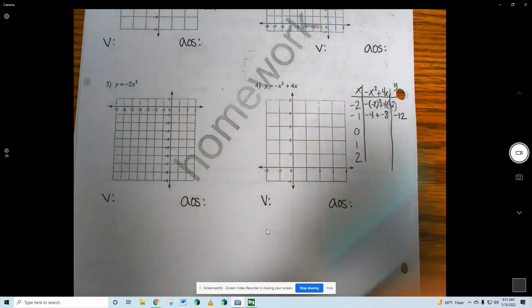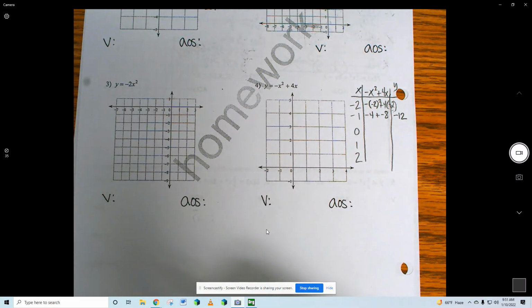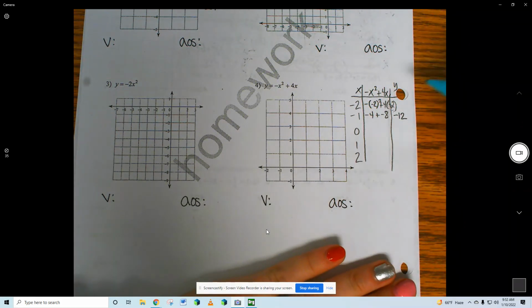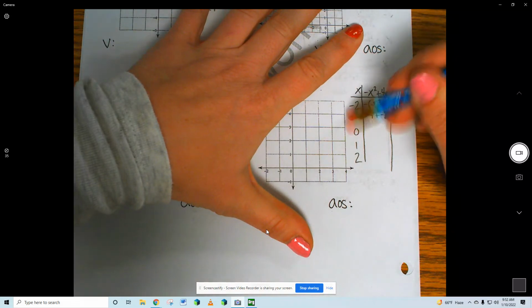And it's going to be really hard for me to graph negative 2, negative 12. I wonder why my graph looks like this. Negative 1, I have to plug in.